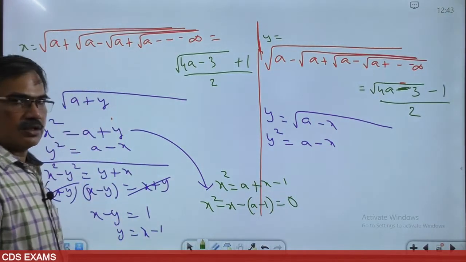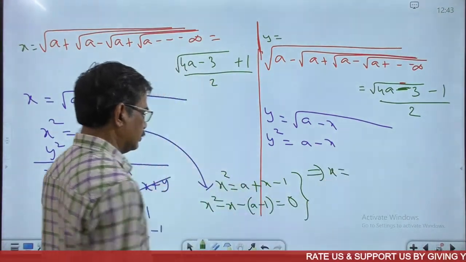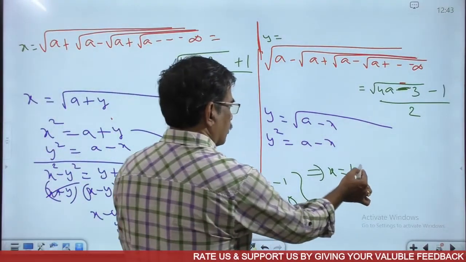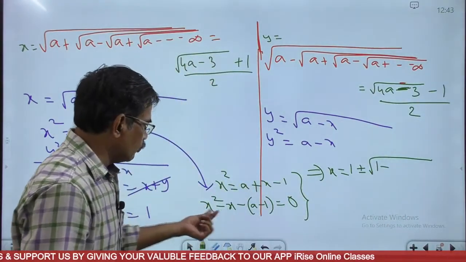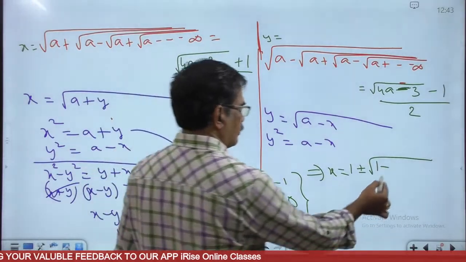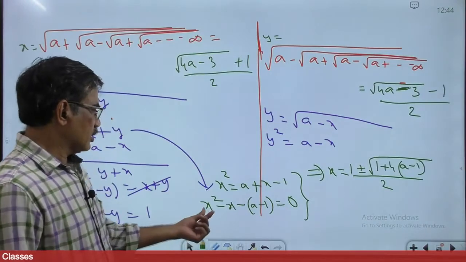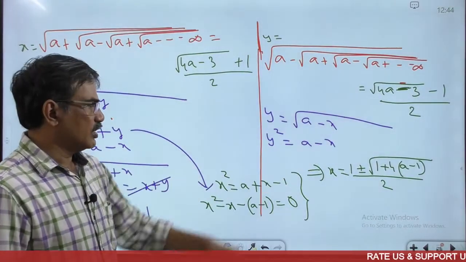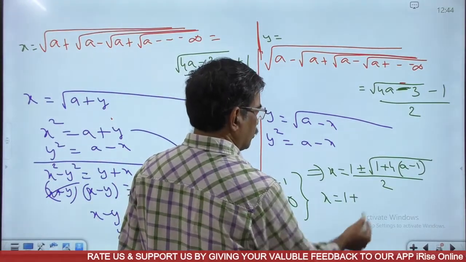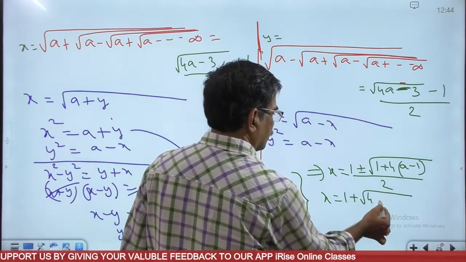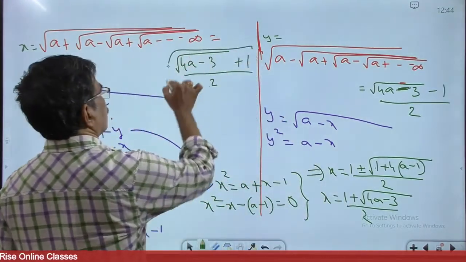Then what are the roots of this quadratic equation? x is equal to minus b, that is 1, plus or minus root of b square minus 4 into 1 into minus (a minus 1), that is plus 4 into (a minus 1), by 2a, that is 2. Minus b plus or minus root of b square minus 4ac by 2a. If you simplify this, I want to write the positive answer. This is 4 into a, 4a, minus 4 plus 1 is minus 3, by 2. So this is the formula.